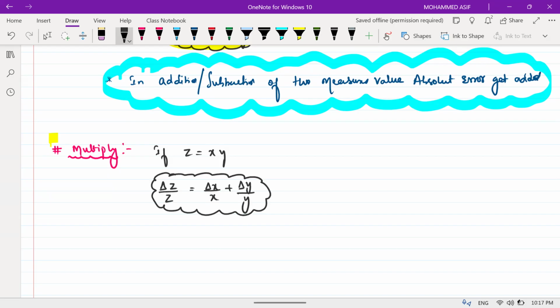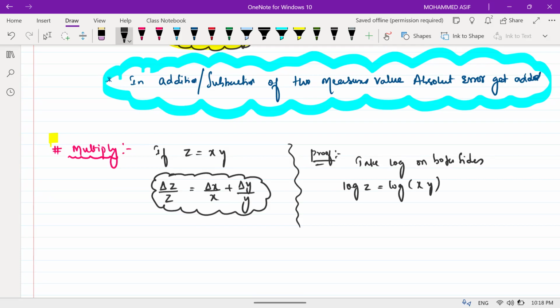Or do you want the proof of that one? We need to take the log on both sides, isn't it, and simplify that one. Roughly I'll try to do it, if you are eager. So take log on both sides. It is not required, but just for your satisfaction, I'm doing it. So log z is equal to log of x into y. So log z is equal to log x plus log y.